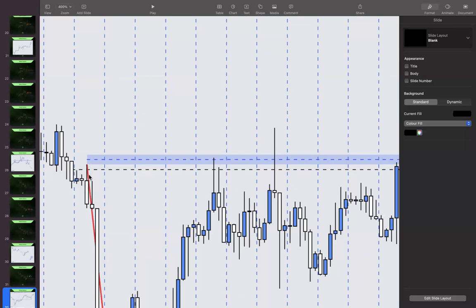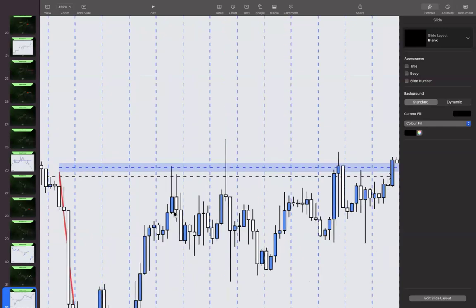But in this scenario, I would go with that high over there of this candle as it basically engulfs these two candles over here. So their prices are behind what happened here. This one made a much higher high and a much lower low, so we can go with that one. I think that's why I drew that box from there.